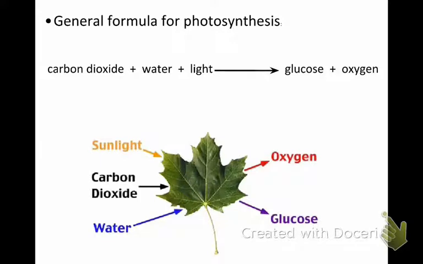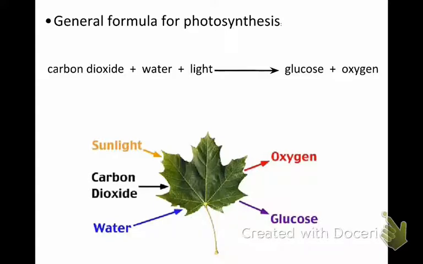All right. So the general formula for photosynthesis, do you think you need to know this? Yes. Heck yes. It's carbon dioxide plus water plus light gives you glucose plus oxygen. What do we need to breathe to survive? Oxygen, right? What do we have to eat to survive?